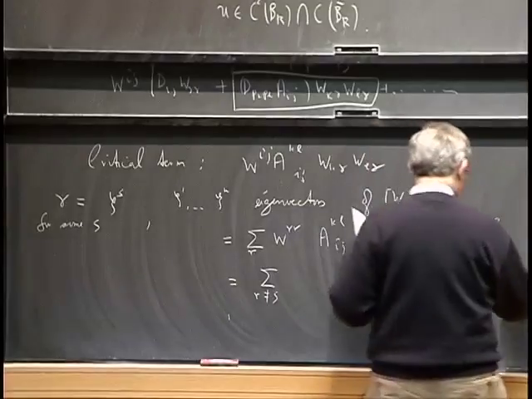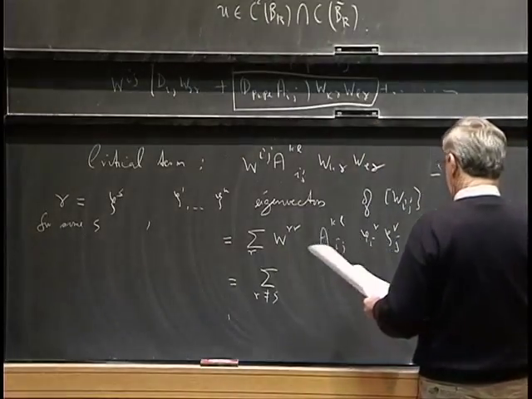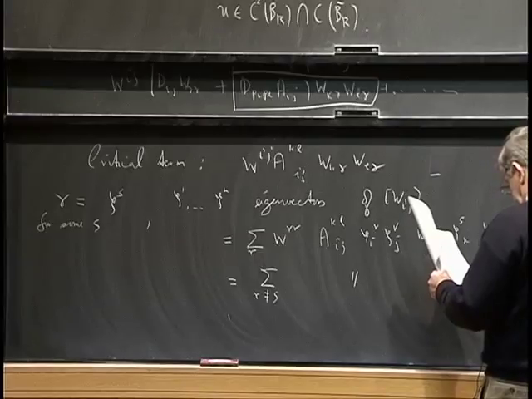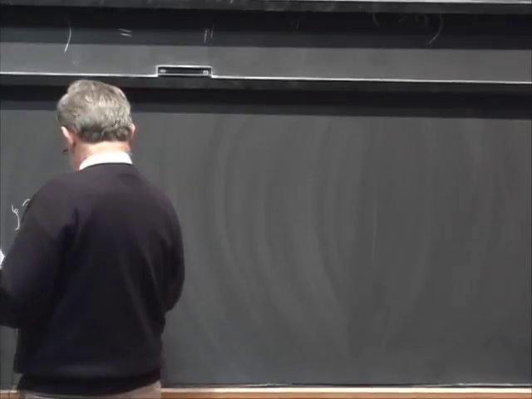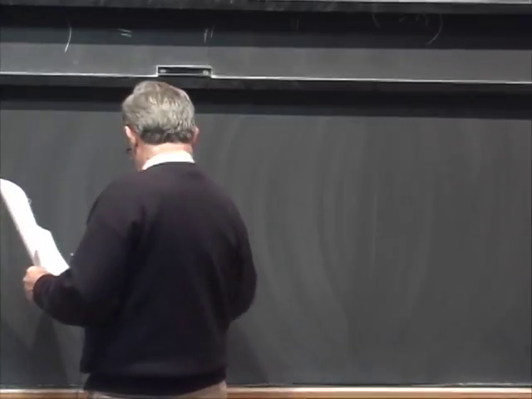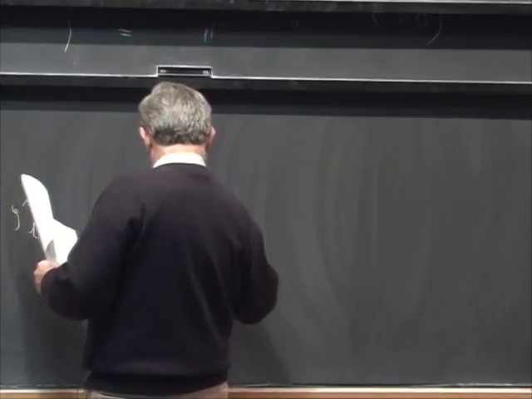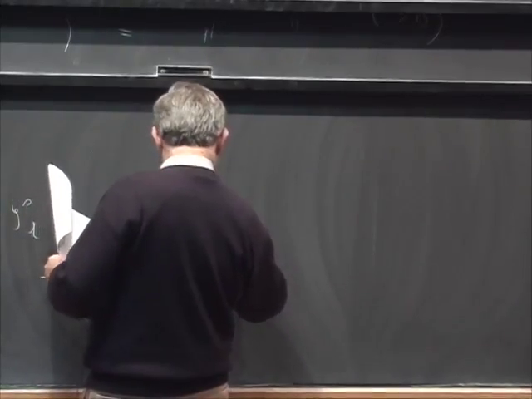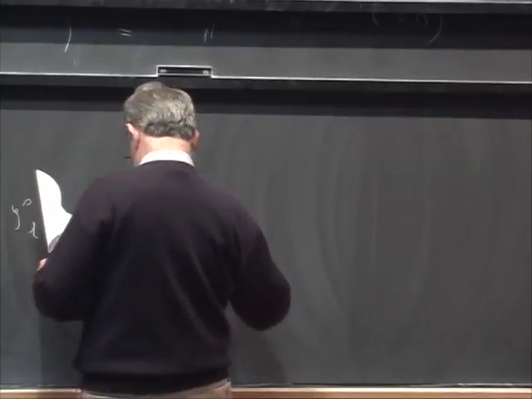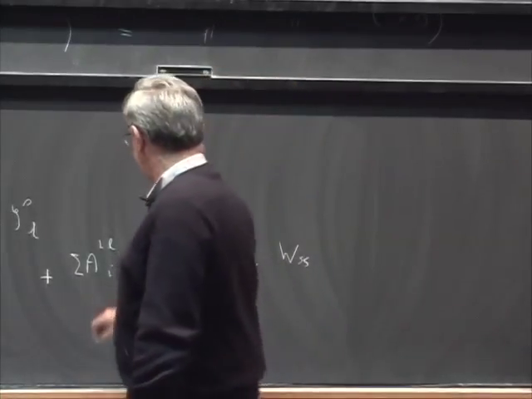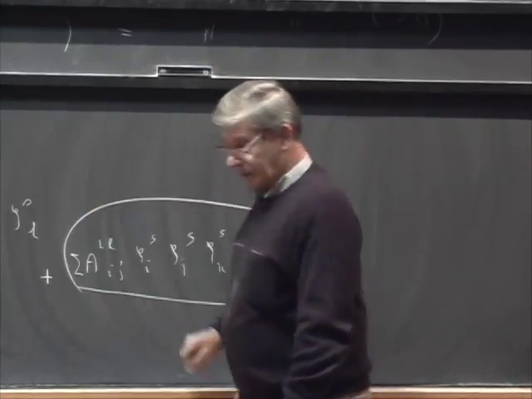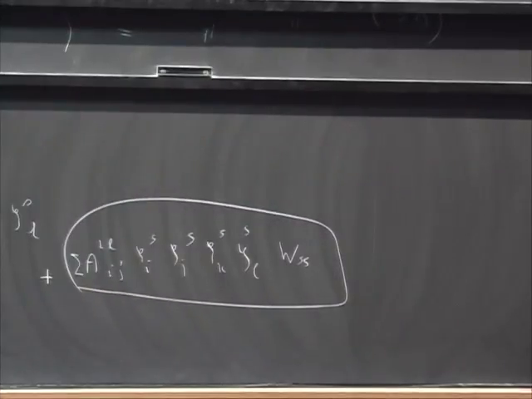And then I can put R equal to S. If I put R equal to S, I would simply get AKL ij, this sum psi I S, psi j S, psi k S, psi L S, and then we'd have a WSS. So it's a lower order term. We can include it with the other stuff. And so I'm left with this term here, the sum where R is not equal to S.